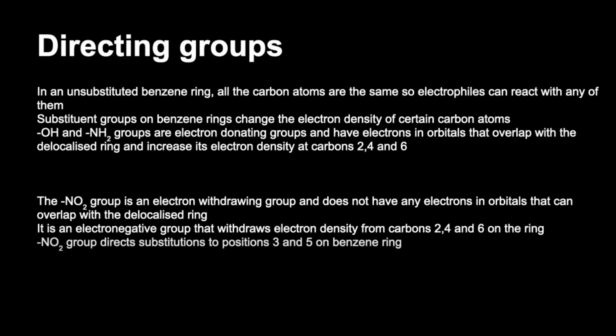So what that does is it leaves kind of the highest electron density on positions 3 and 5, and that's where it directs substitutions to. Now obviously there are other directing groups, but if you've got a question about any of those, you will be told about their effects. Next topic we'll look at is the carbonyls topic.